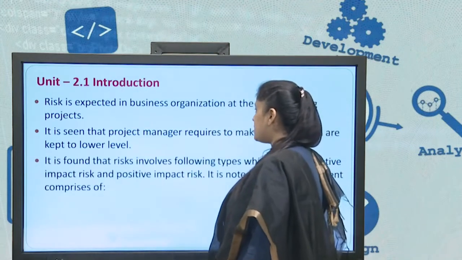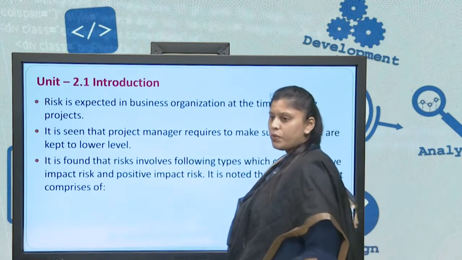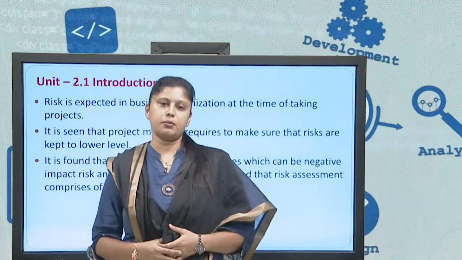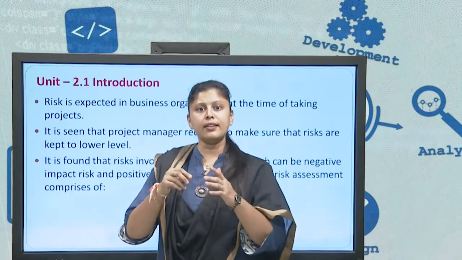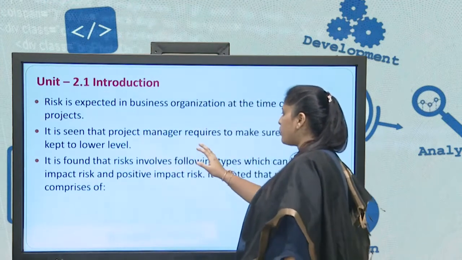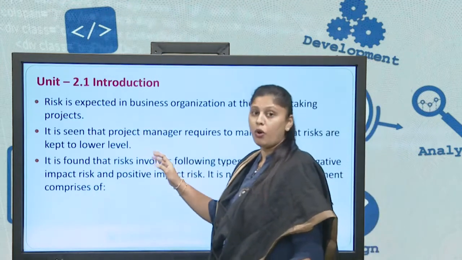Risk is expected in a business organization at the time of taking projects. So when a particular company is taking up some project from the customer, a risk associated with that project is already identified at the time it takes up the project. The project manager needs to make sure that risks are kept at a lower level.